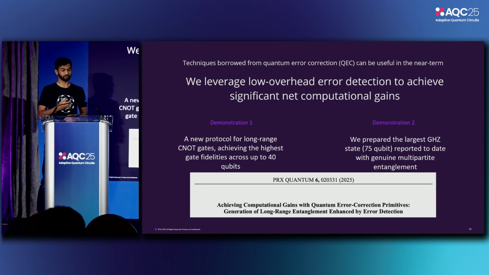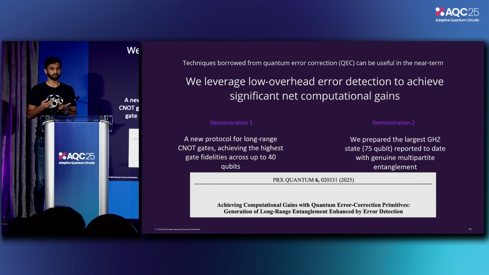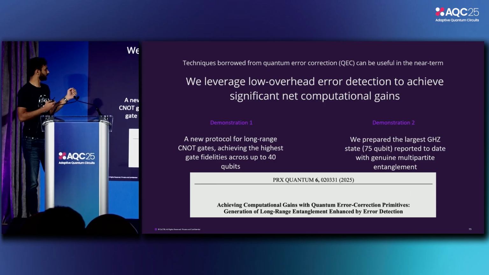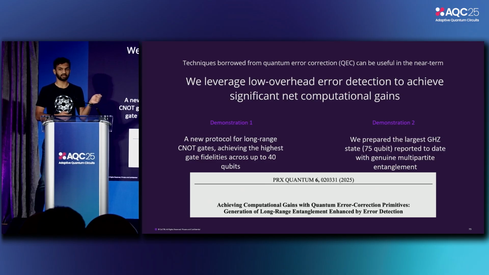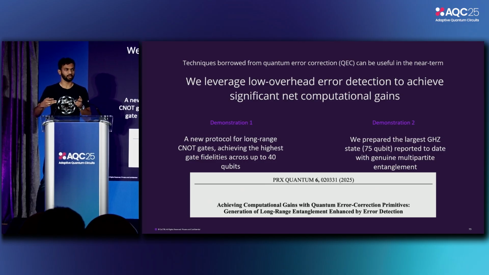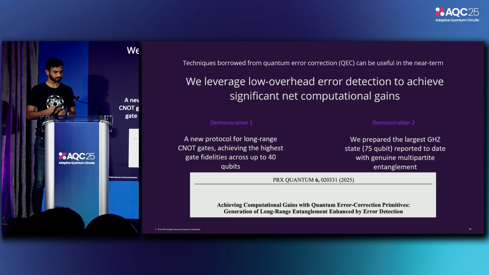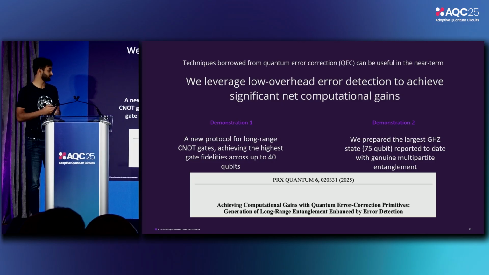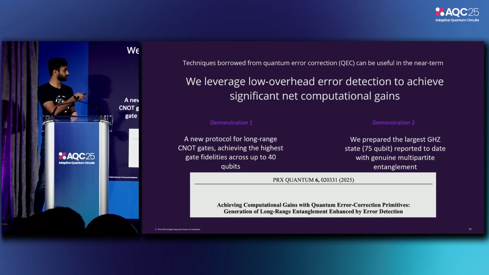We utilize these local parity checks to demonstrate teleportation of a CNOT gate across 40 sites. It's one of the largest teleportations that we have seen. At that time, we also presented the largest GHZ state prepared.